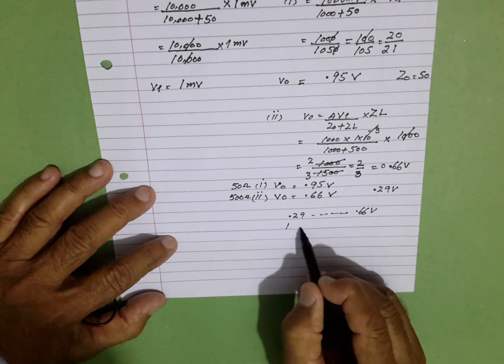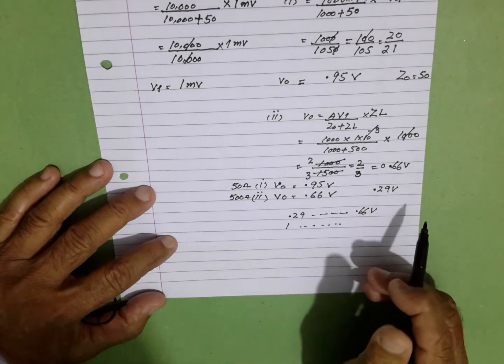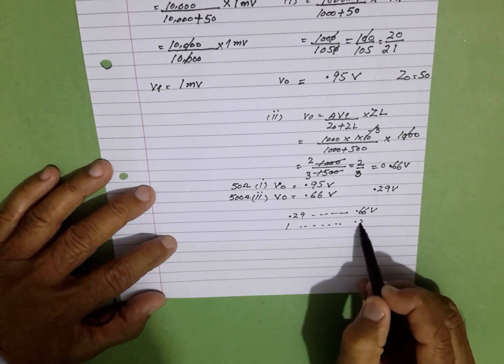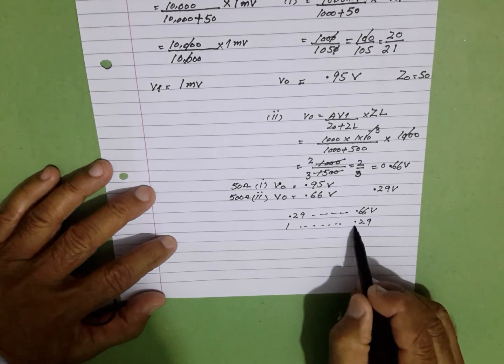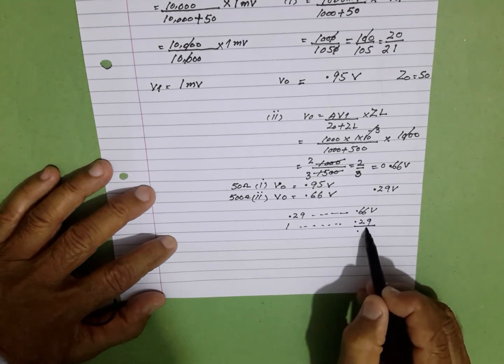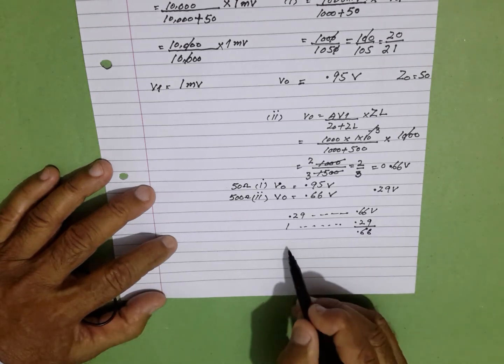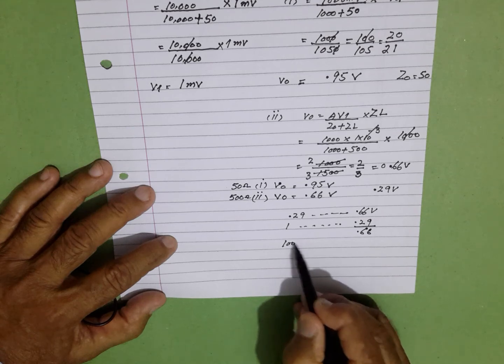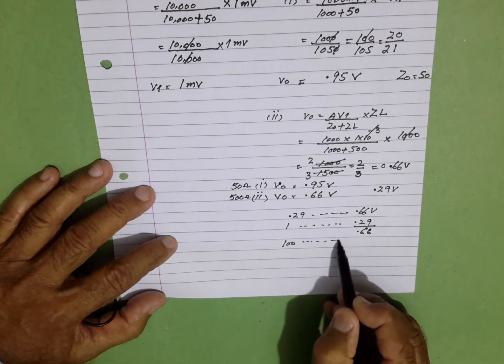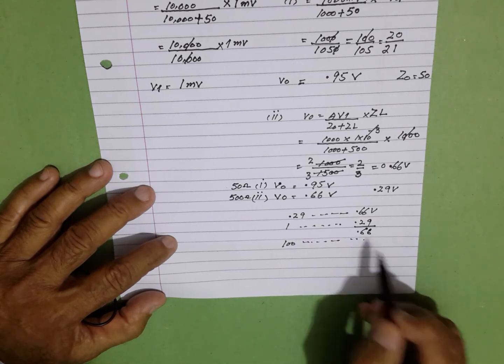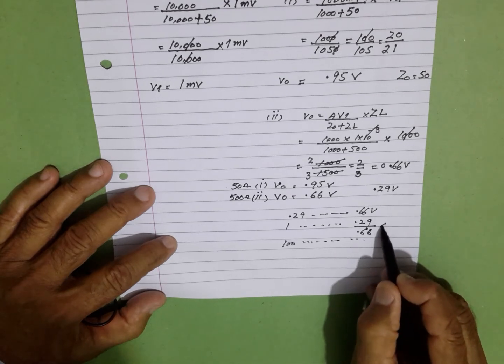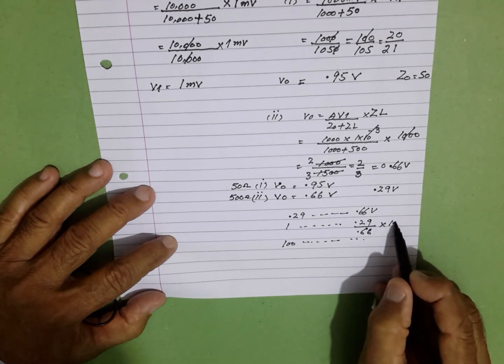For 1, it is 0.29 divided by 0.66. For 100, in order to find out the percentage, it is multiplied by 100.